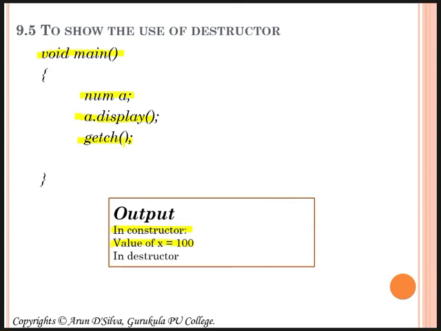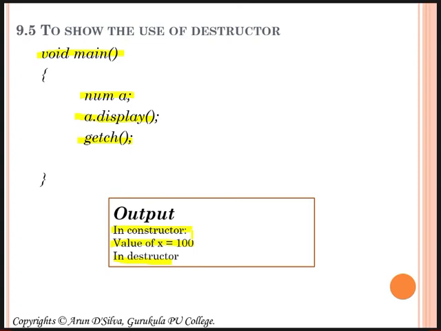Then when getch is done and we reach the end of the program, we are destroying the objects. The compiler automatically called the destructor, and the message in destructor was displayed on the screen. So this means it automatically deallocated the memory space allocated when the object was created. This is the work done by the destructor.